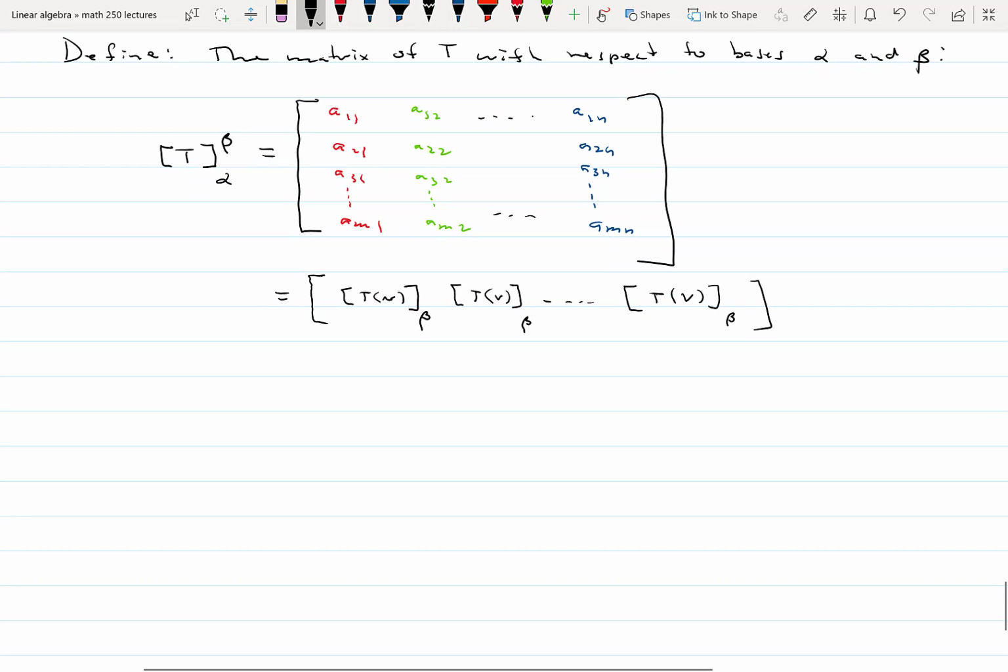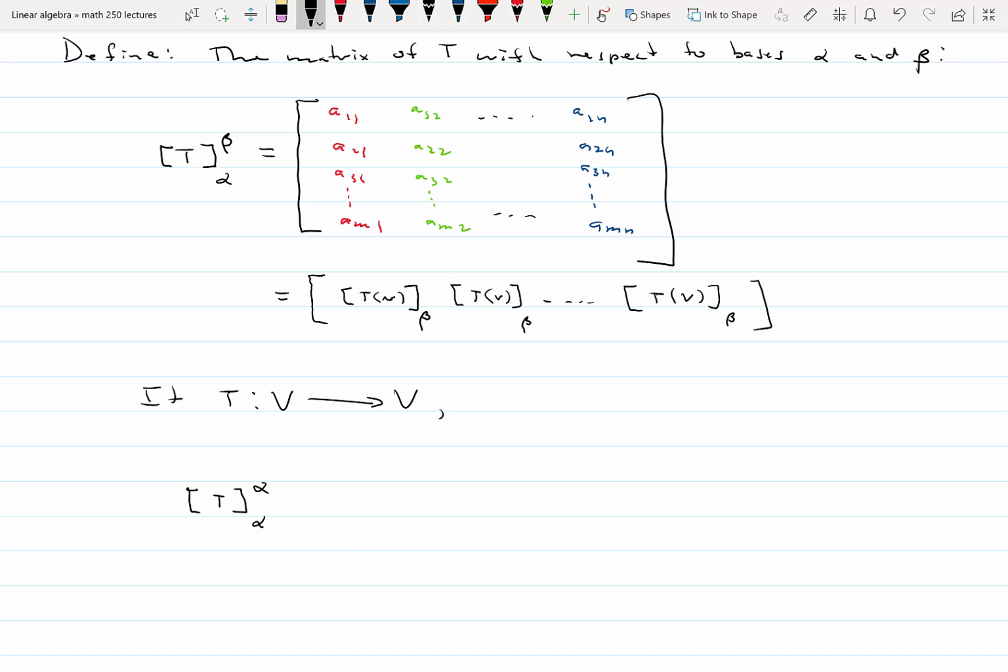Okay, now we have a special case. If T is from the vector space V into the same vector space V, we call that a linear operator, then the subscript and superscripts, of course, are going to be the same.